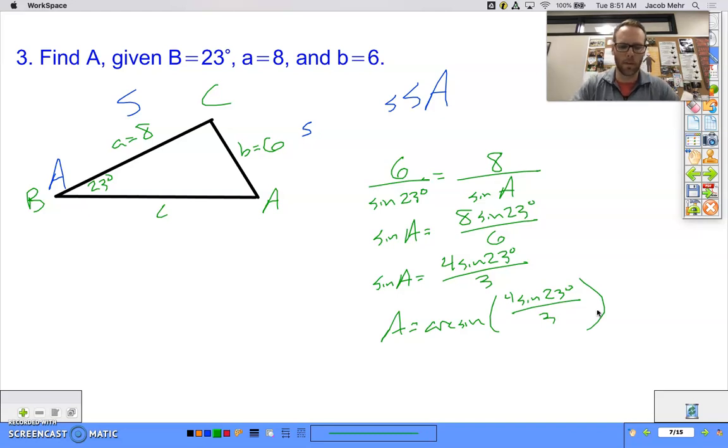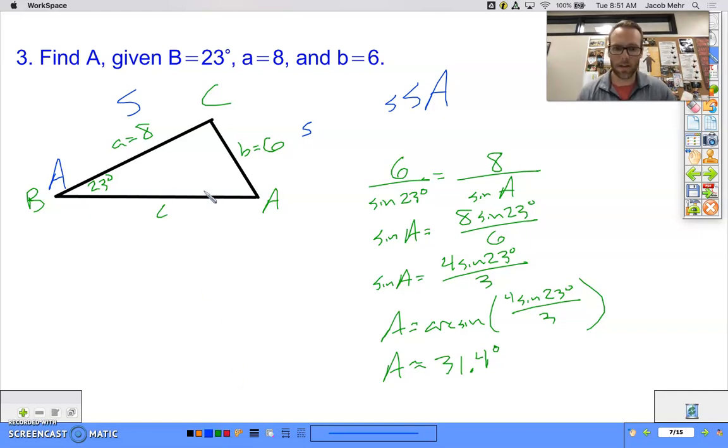And it's time to put that in my calculator. So I'm going to go arc sine 4 sine of 23 degrees over 3. And here's what I get: 31.4 degrees. So now my question is, how do I know if there's 2, 1, or 0 possible triangles? Well, let's label this in.